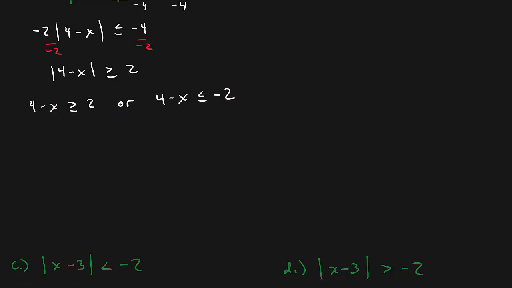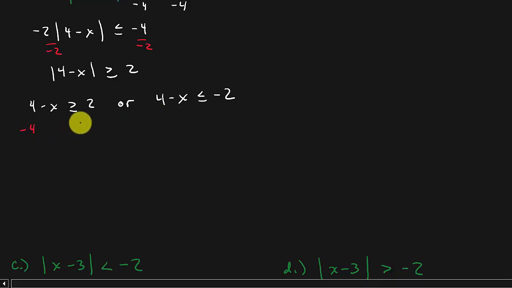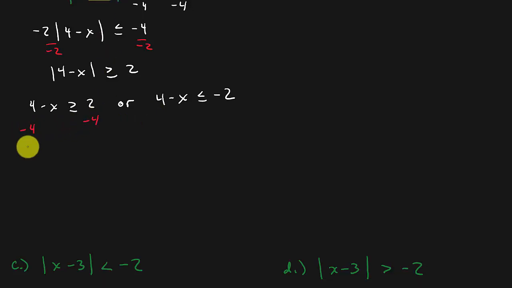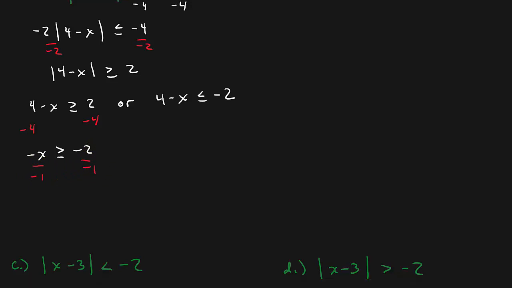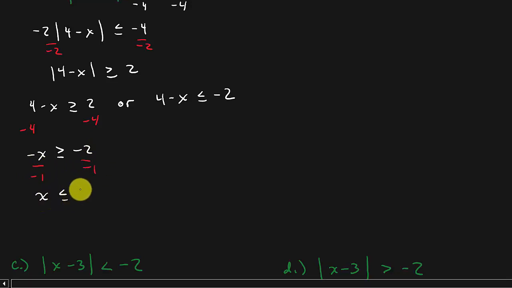And so let's subtract 4 to both sides. And so that's going to give me -x greater than or equal to -2. And then I'm going to divide both sides by -1. And so that's x less than or equal to 2. We divided both sides by a negative number again, so we have to reverse the symbol.